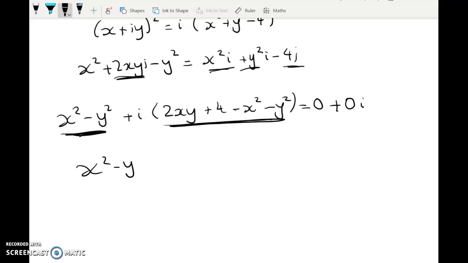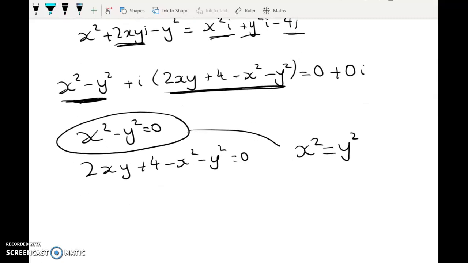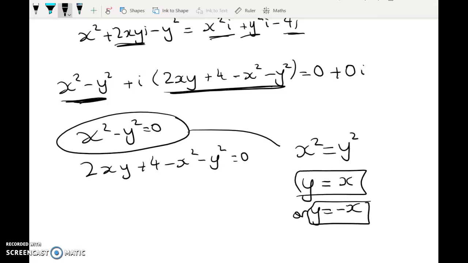So x squared minus y squared equals 0, and 2xy plus 4 minus x squared minus y squared has to equal 0. So x squared minus y squared equals 0 gives me the condition that x squared has to equal y squared. If you think about it for a minute, what that means is that y can be either x or y equals negative x.